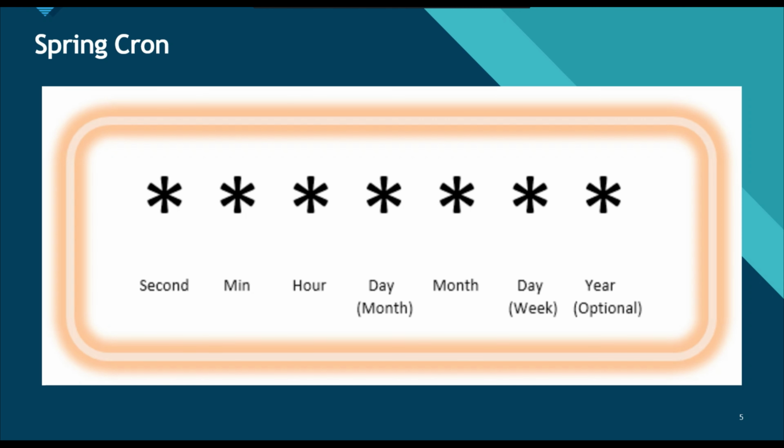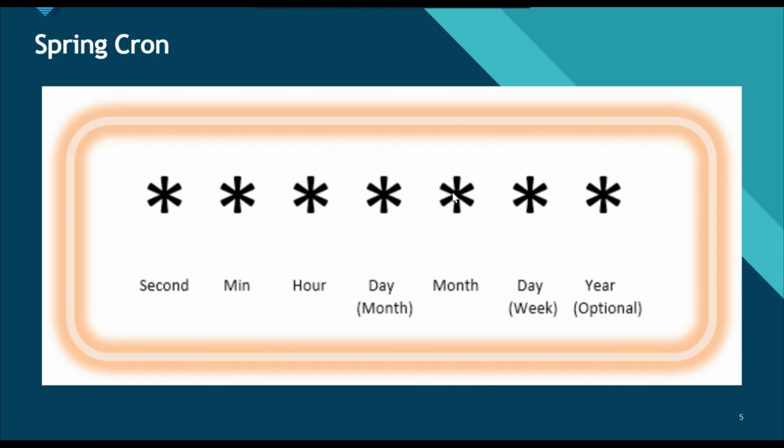Okay, starting from the leftmost star. This is the second position. It says at which particular second. Then we have a minute position. Then we have hour at which particular hour. Then we have day of the month. That means it can be from 1 to 31. Then we have month of the year.